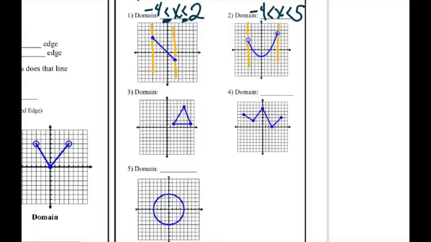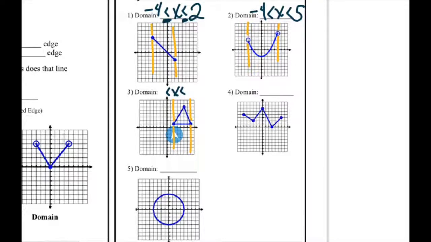Same thing, number 3. Again, I find the left edge, I find the right edge. Domain is x, and they're smushed in between. I don't care about this point up here. I don't care about any of this stuff in between. All I need is the furthest left to the furthest right.